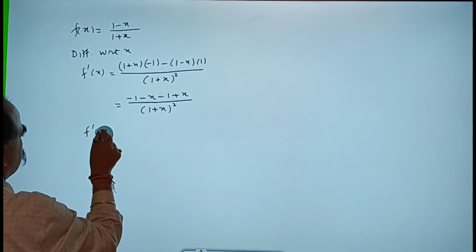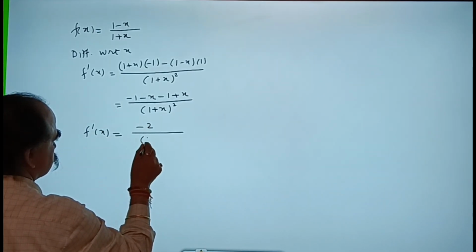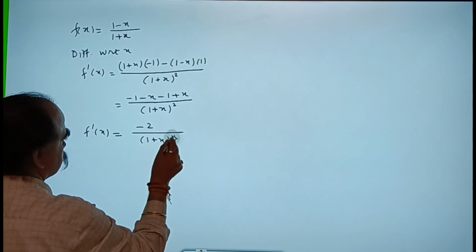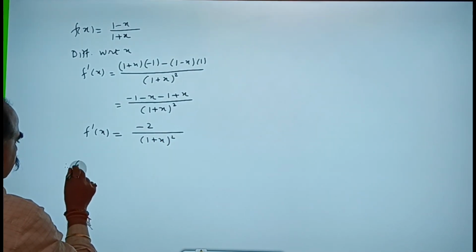So f dash x is what? Multiply both sides by 1 minus x square.